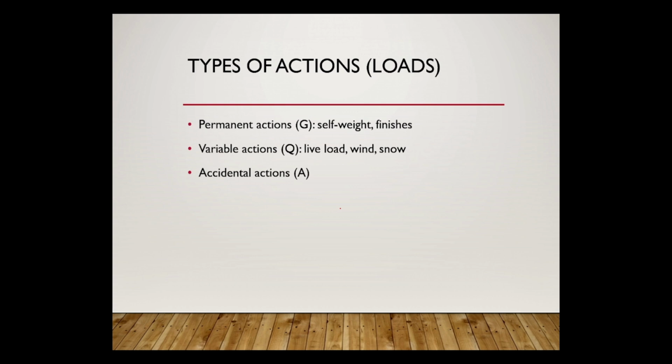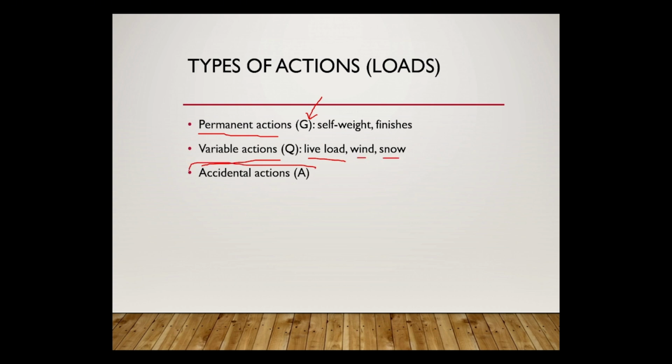According to the Eurocodes, the load combinations can be defined by using three types of action loads. We have the permanent action loads, always represented by the letter G, which include the self-weight, finishes, and superimposed dead loads. Also, we have variable loads, or variable actions, represented by Q, which include all the live loads, wind loads, snow loads, all kinds of loads that vary.